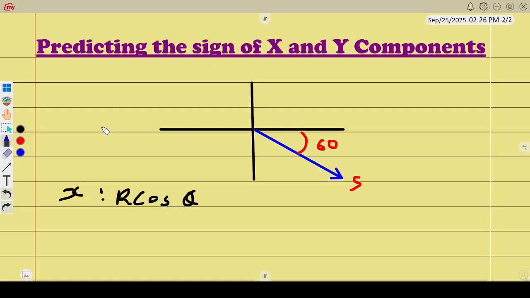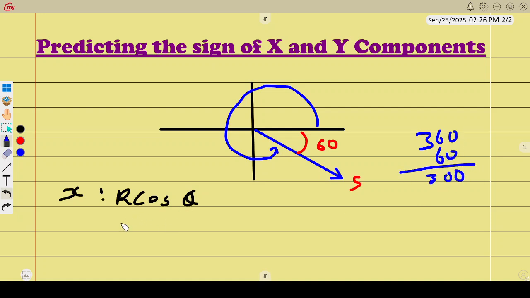Remember, under vectors, angles should always be read from the positive x-axis, meaning this is 360 minus 60, which is 300. So let's say 5 cos 300. Since this vector is going to the right, our answer will be positive. We have 2.5. This is the x component.